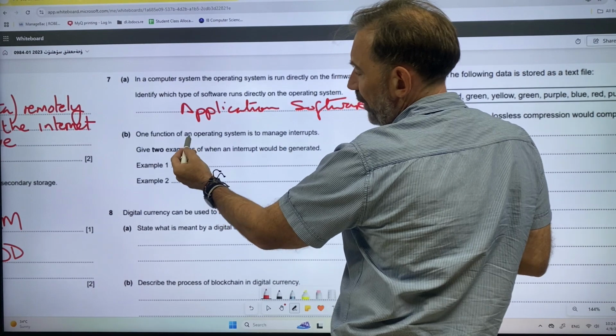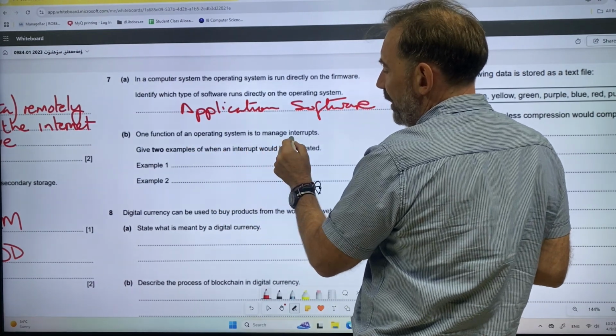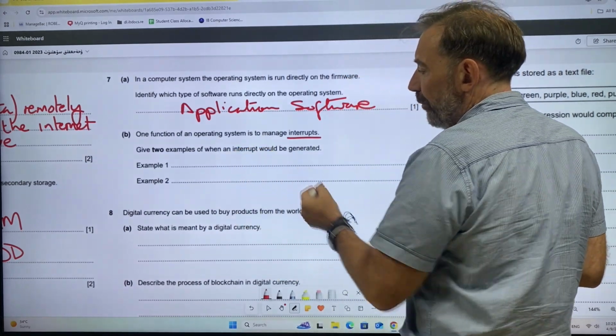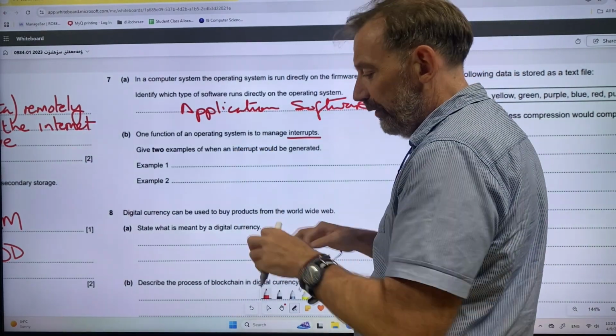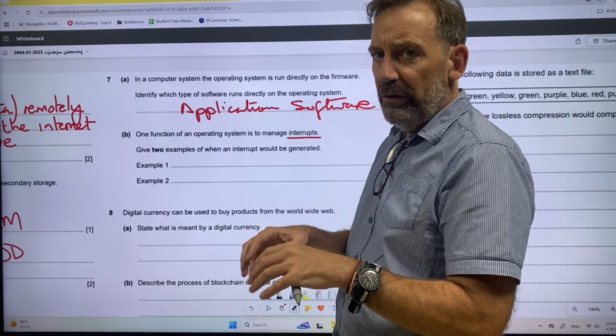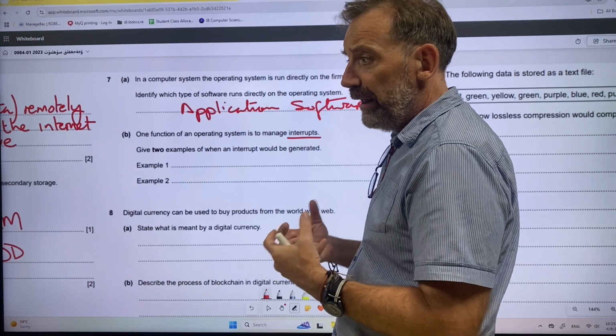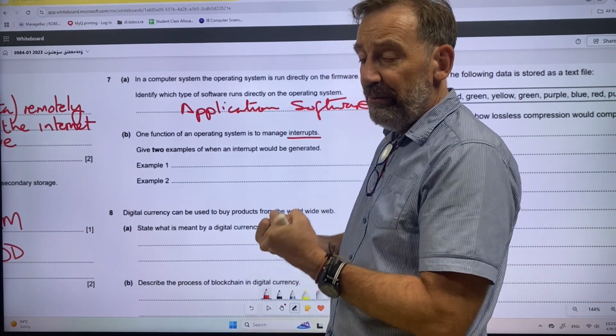7b, one function of an operating system is to manage interrupts. Give 2 examples of when an interrupt would be generated. Well, if you press keys on the keyboard, Control-Alt-Del, you will get the computer to hang, to pause.